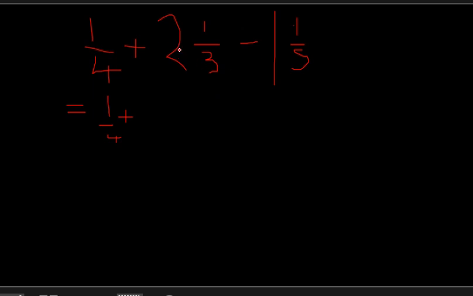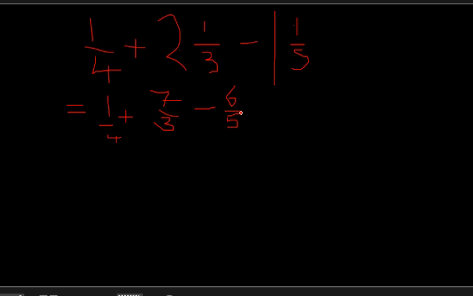You do 2 multiplied by 3 plus 1. That's 7 over 3, minus 1 multiplied by 5 plus 1. This is 6 over 5.